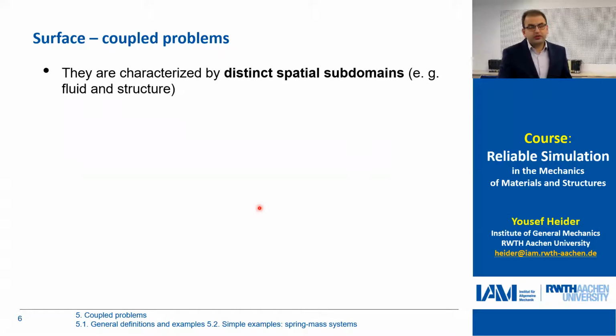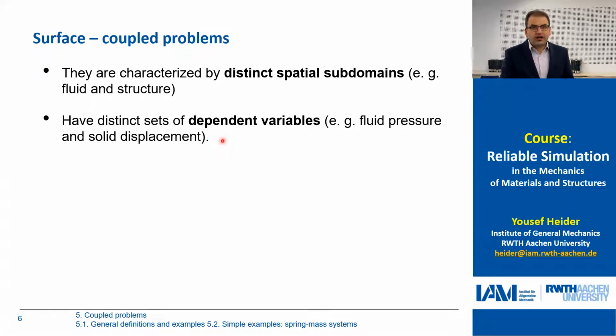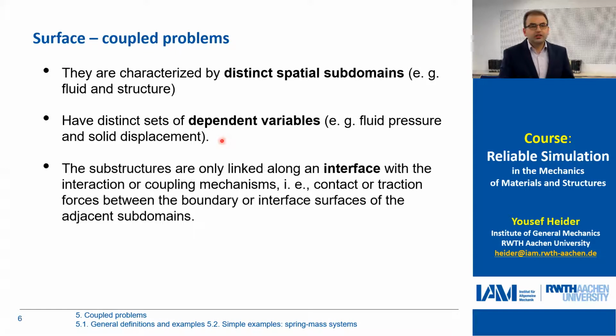Now let's give a concrete definition. So the surface coupled problems are characterized by distinct spatial subdomains. So we have the subdomain for the fluid and subdomain for the structure. And we have distinct sets of dependent variables. So, for instance, the fluid affects the structure with a kind of pressure, and then the structure will respond through some displacement.